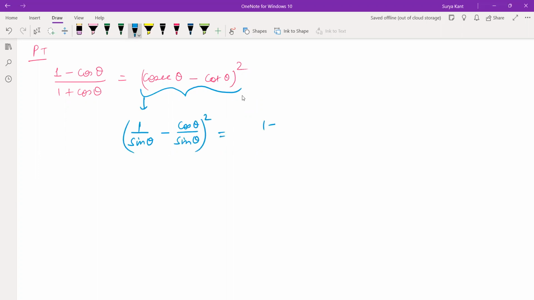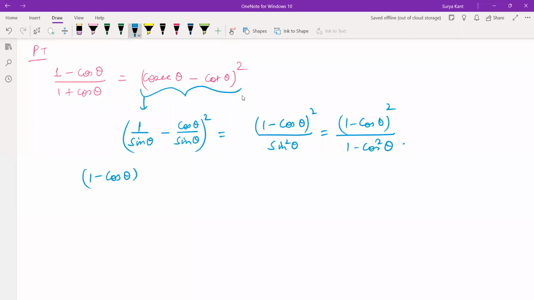So we'll get it as 1 minus cos theta whole square over sine square theta, right? So sine square theta can be written as 1 minus cos square theta. Again, it can be written as 1 minus cos theta 2 times.